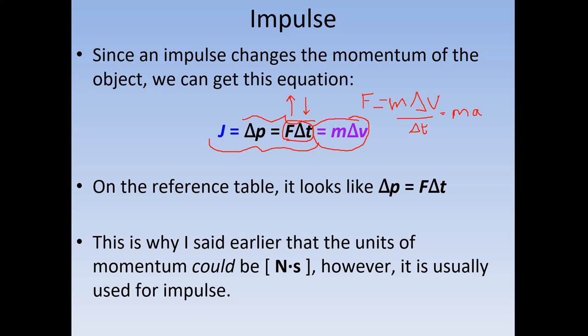So for the snowbank, the time of contact is extremely high, meaning the force is very low. Another example: if you fall out of a 10-story window and land on the concrete ground, the concrete brings you to a stop in a very short amount of time, so that very small amount of time increases the force you experience dramatically.